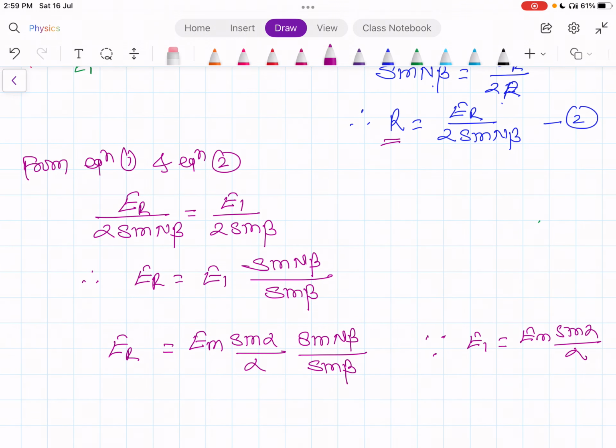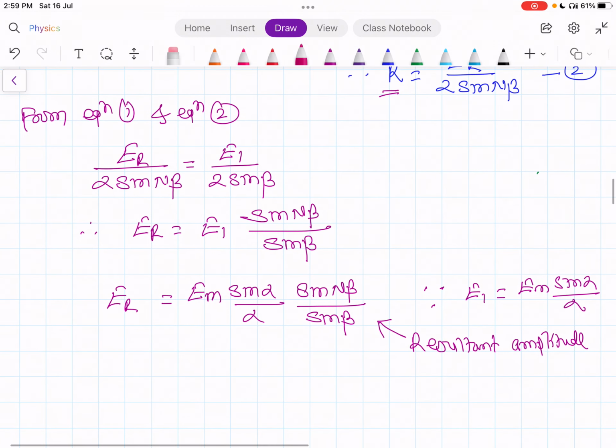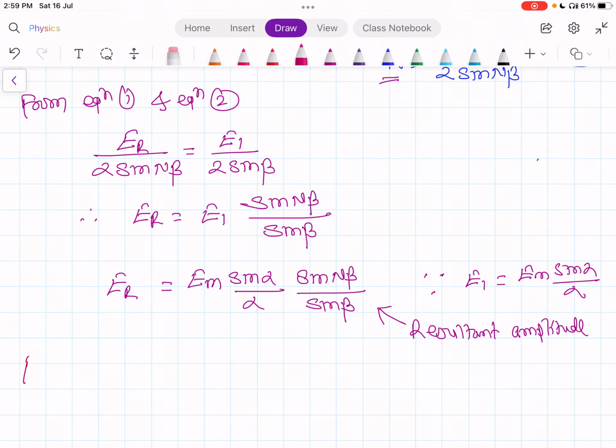Now this equation gives us the resultant amplitude. If this is the resultant amplitude, then what is the resultant intensity?